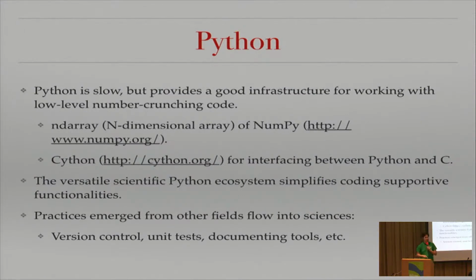The other thing is Cython, or in general, the way for you to make C or C++ talk to Python and vice versa. Those two things are important because we need to have high-performance, low-level code written in C, sometimes even in assembly.